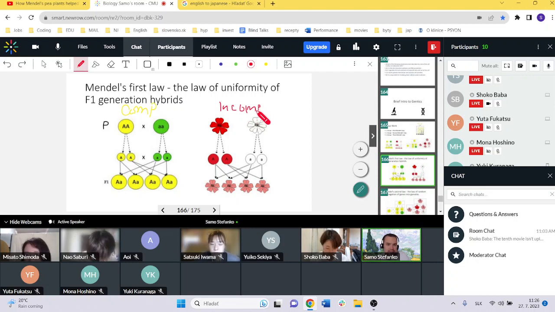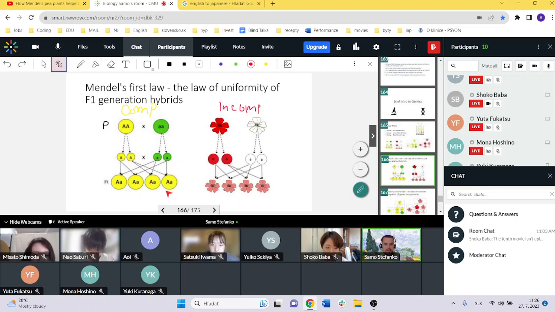What is the outcome? Genotypically, the offspring, if we cross those gametes, the father and the mother basically, the big A will be in all of the offspring, and also the small a will be in all of the offspring.